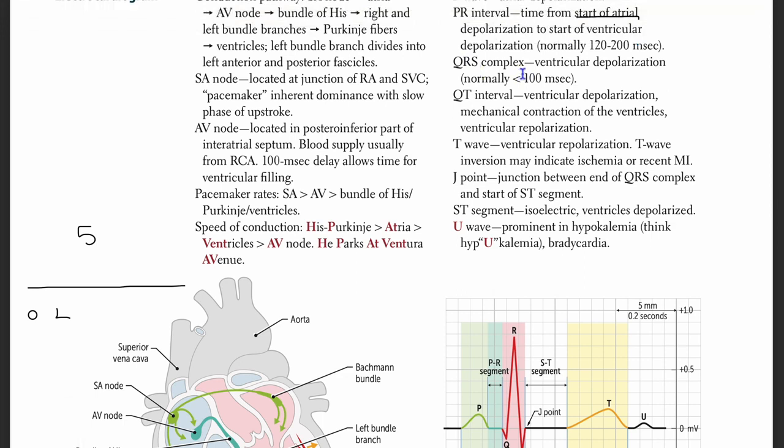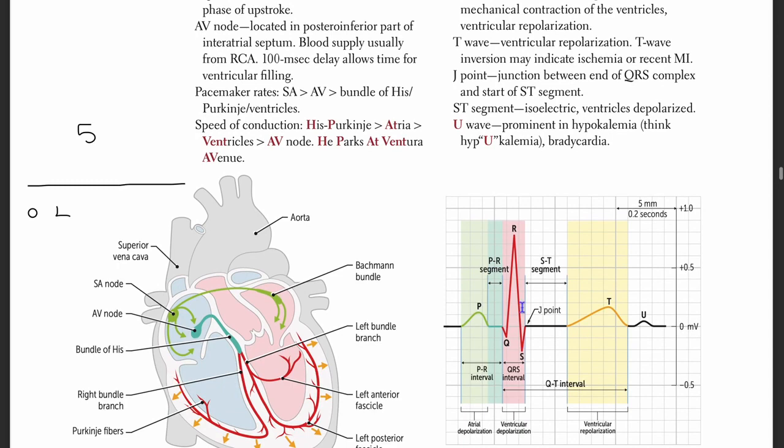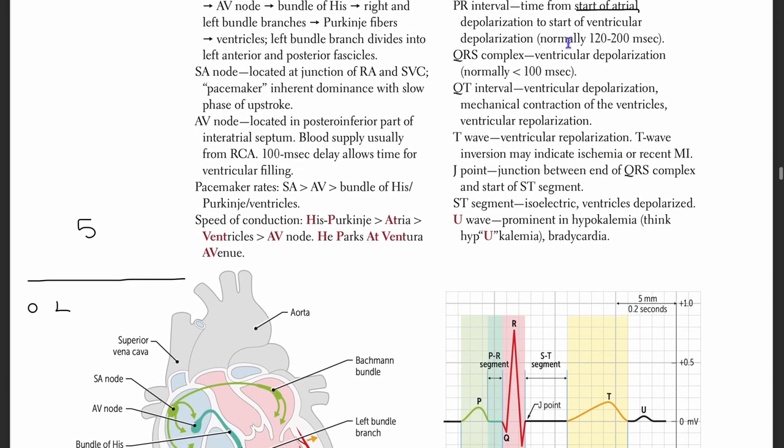Then we have a QRS complex, which is the ventricular depolarization. These timings are not really that important if you just know what to look out for. But sometimes when you don't know, the timings do come in handy when you're looking at an ECG. But for STEP, they don't make the ECGs too complicated, so it's okay. QRS complex, ventricular depolarization. Then you have the QT interval.